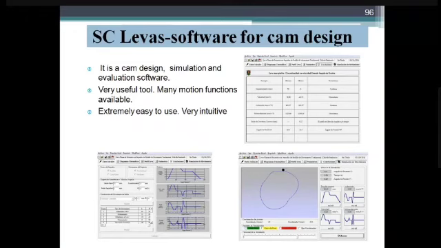Functions are available, extremely easy to use, very intuitive. Modapt is another software, with a high speed motion profile of cam. These softwares are available to learn the higher level of cam design in a practical manner.